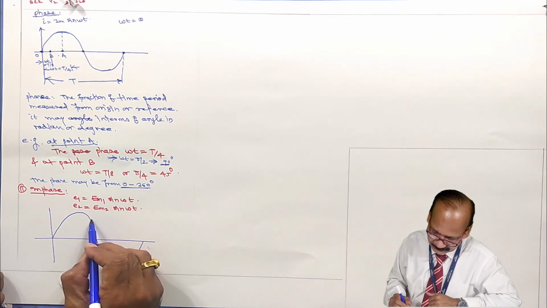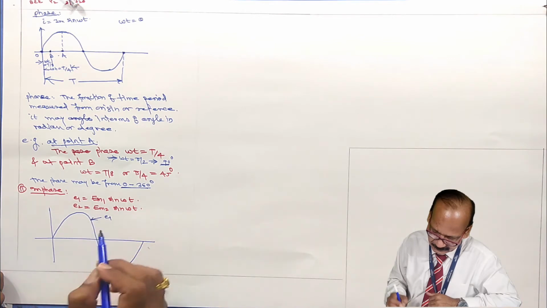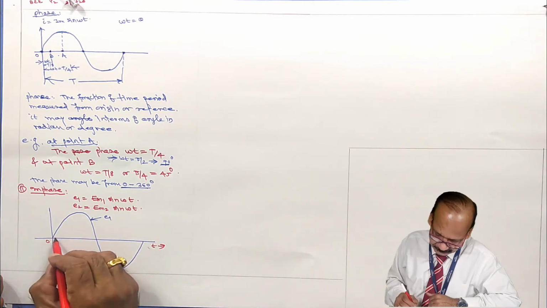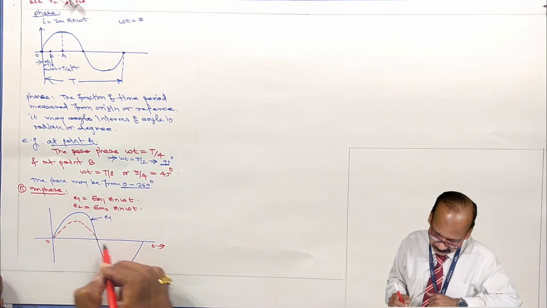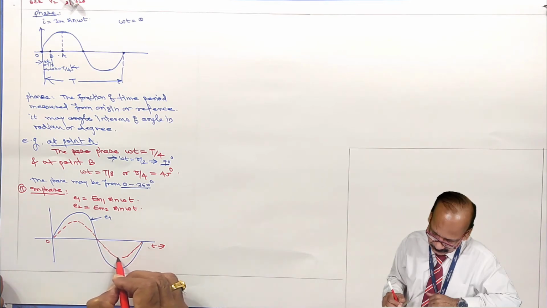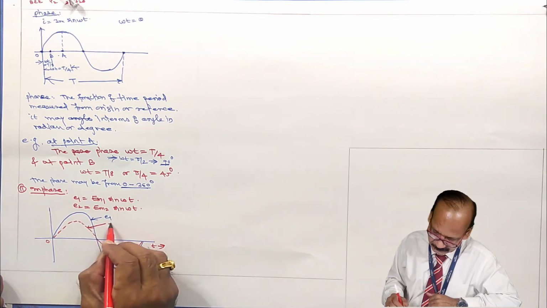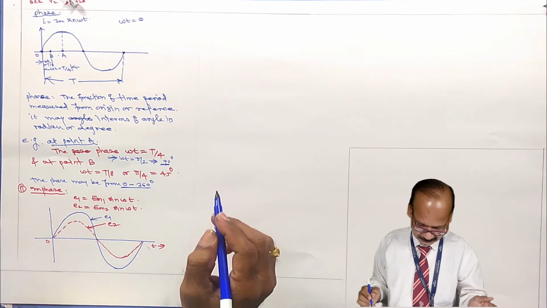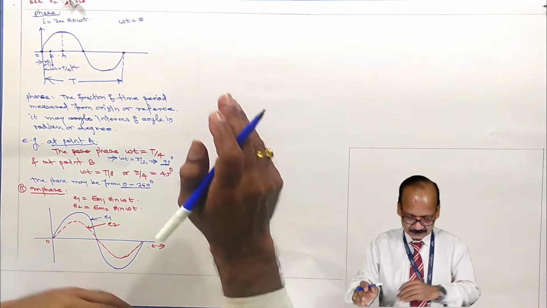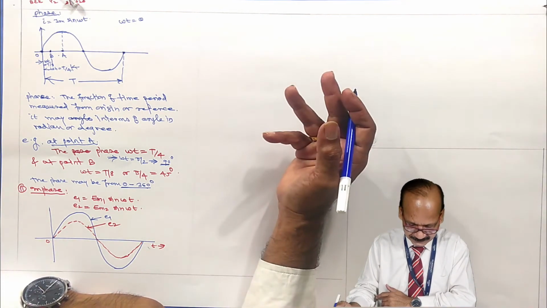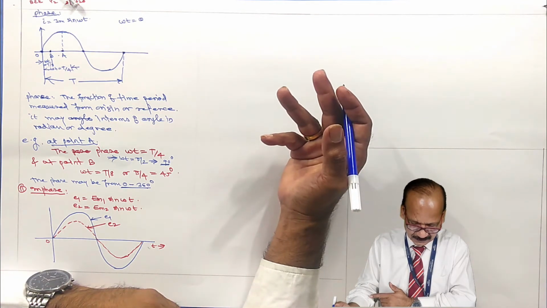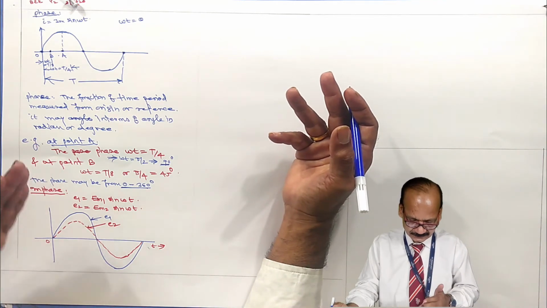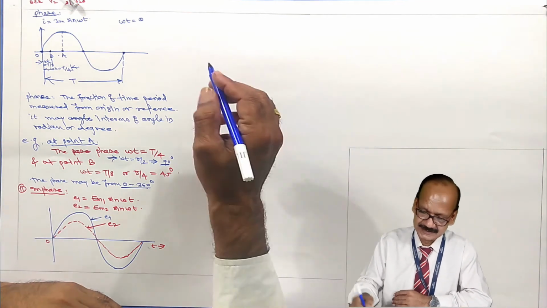This is E1. The electrical quantities, may be two voltages, or voltage and current, are said to be in phase when they achieve their maximum and minimum values at the same time.